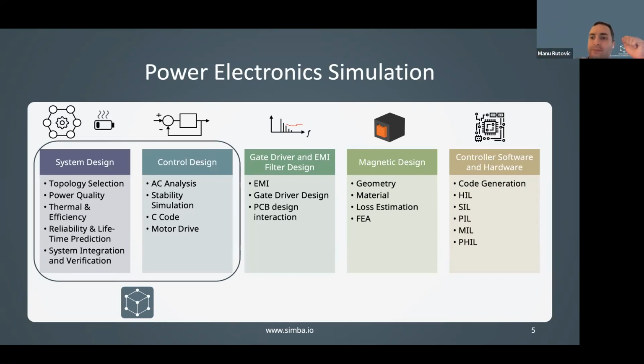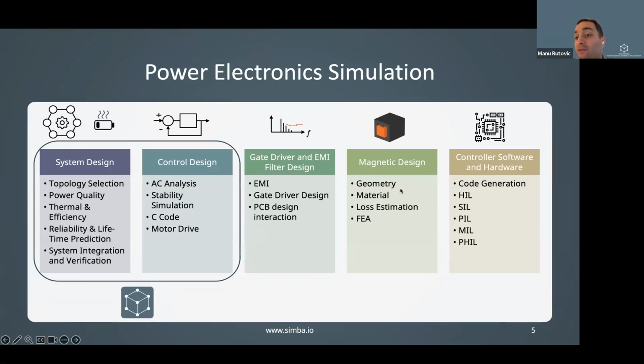Then there are other steps that are involved in the design of a power converter. There is everything that is SPICE related, where we can design an EMI filter, or we can just study EMI, where we design the gate driver, or we go down to component selection. This is what we call here gate driver and EMI filter design.